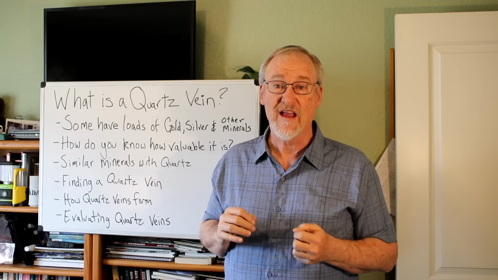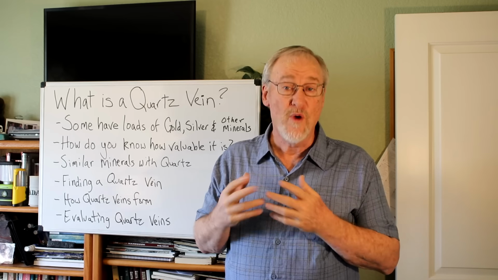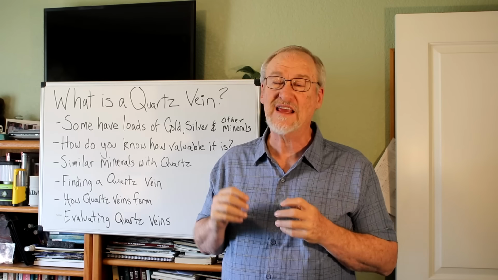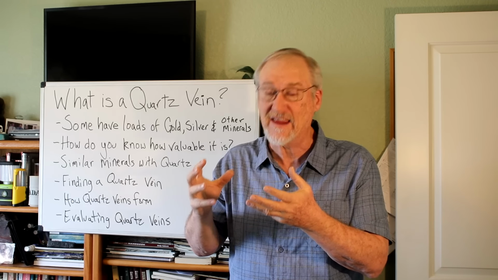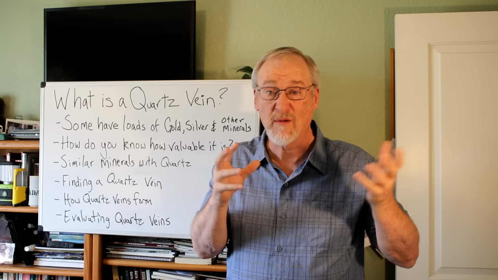It's under pressure, and that superheated water under pressure will dissolve to a certain extent quartz out of other rocks, even out of other minerals. Minerals that have silica in them, that have quartz in them, but combined with iron or aluminum or other metal.